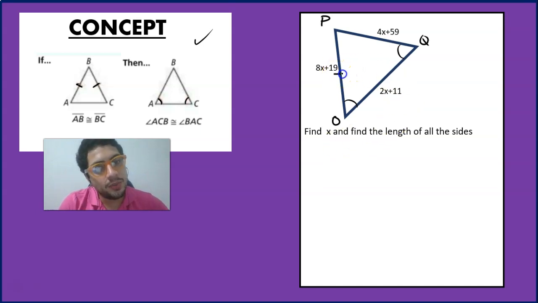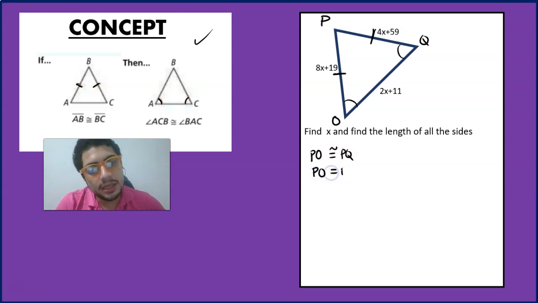So in this case, we know that PO is congruent to PQ. Because of that, the measurement of PO is equal to the measurement of PQ.